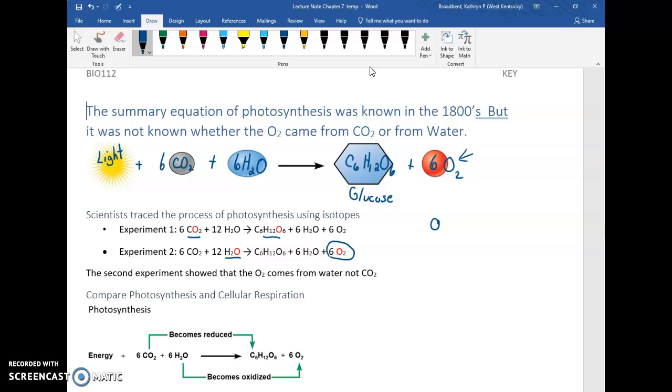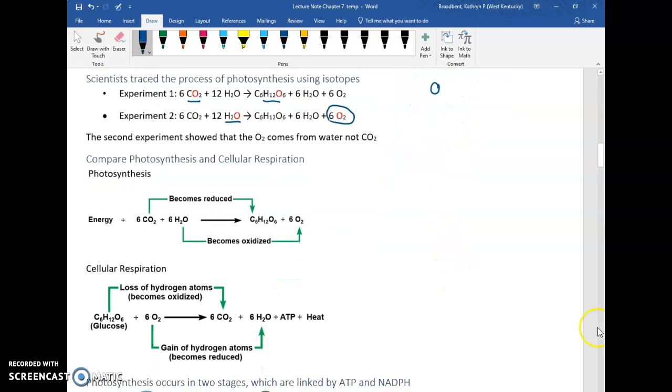So let's compare photosynthesis and cellular respiration. We're going to see a lot of parallels here. In photosynthesis, we have energy on the reactant side, and we have carbon dioxide being reduced to a sugar and water being oxidized to oxygen.